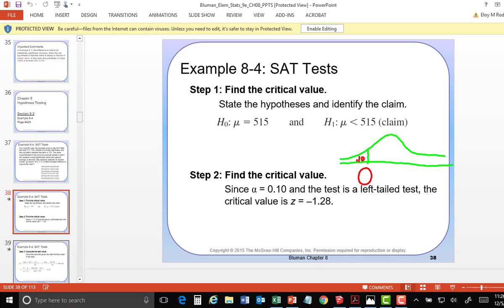It should be minus 1.28. So all in here would be reject, while over here would be accept. So what do we have to do? Find the test statistic and see where it lands. Okay, so let's do our test statistic.